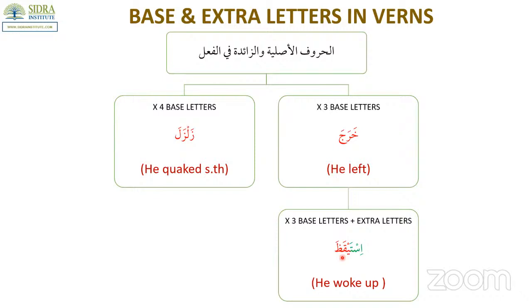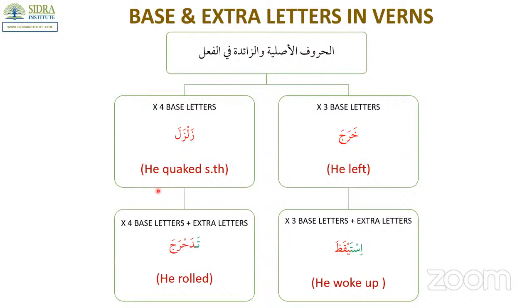So zalzala, this is 4 base letters. And you can have 4 base letters along with extra letters. So the dahraja, the fa'lala. When you put it under that pattern, the fa'lala, the dahraja, the ta will be considered to be the extra letter. Dal, ha, ra, and jim will all be root letters.